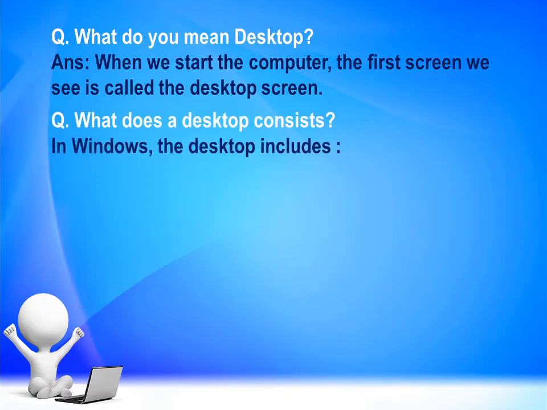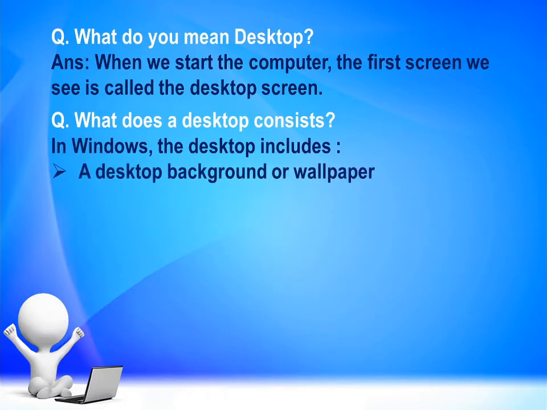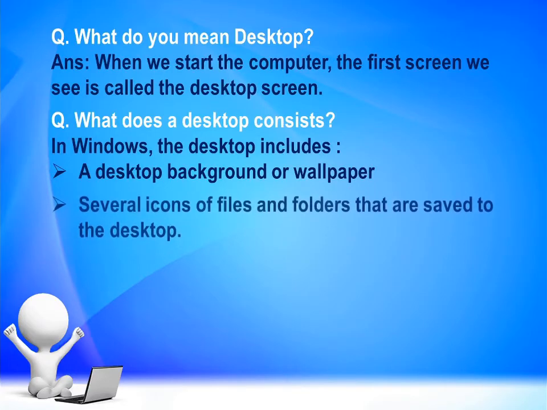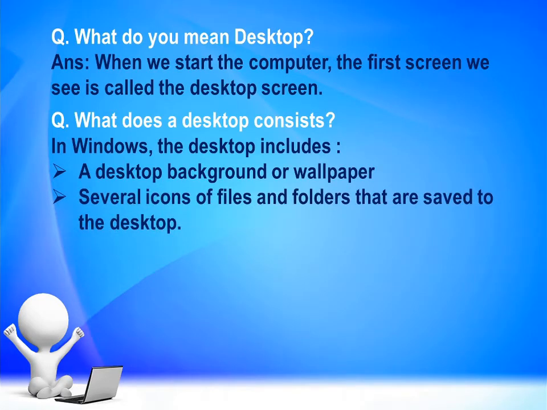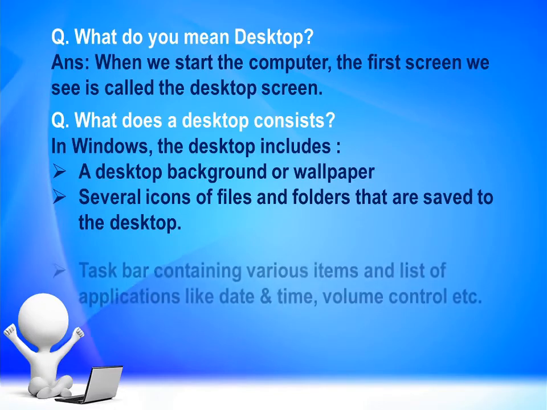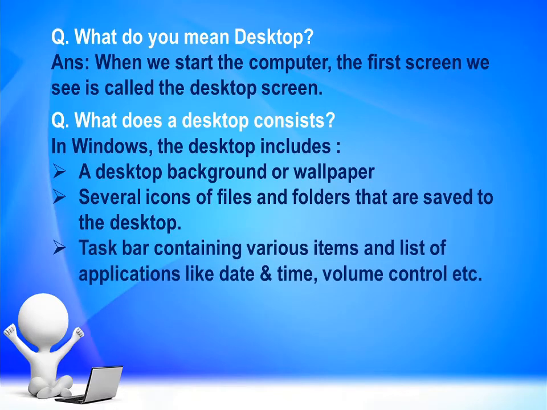In Windows, the desktop includes a desktop background or wallpaper, several icons of files and folders that are saved to the computer or desktop, taskbar containing various items and list of applications like date and time, volume control, etc.